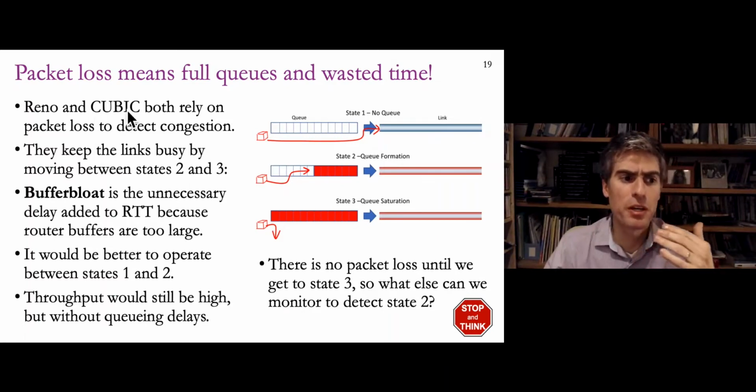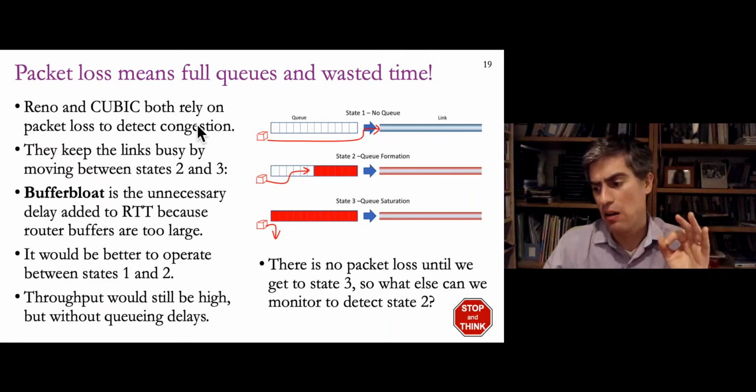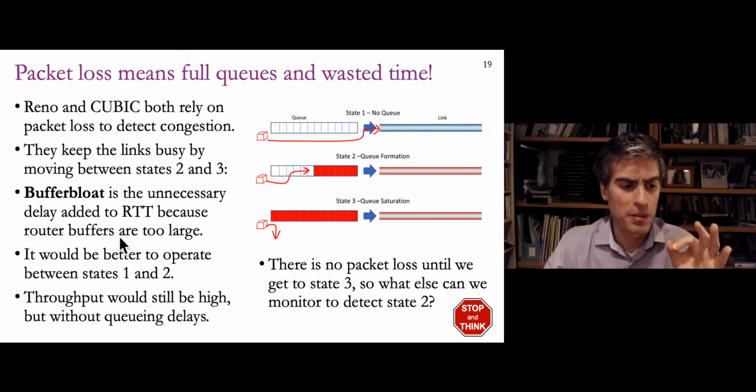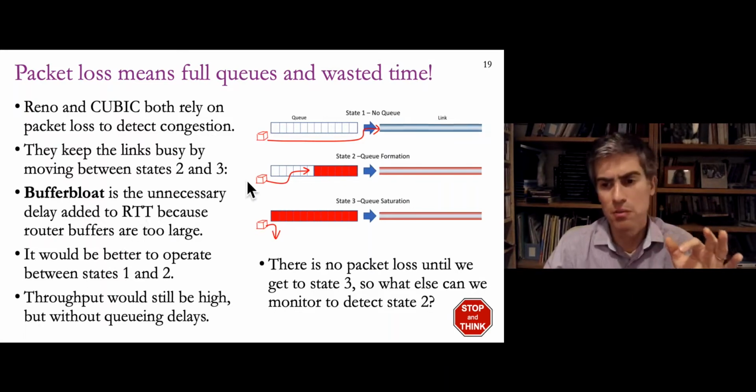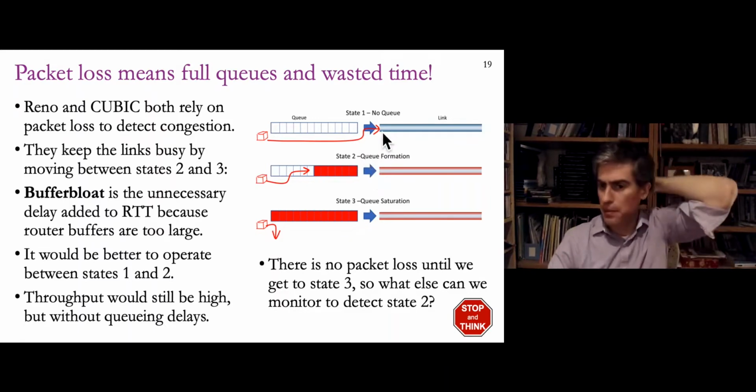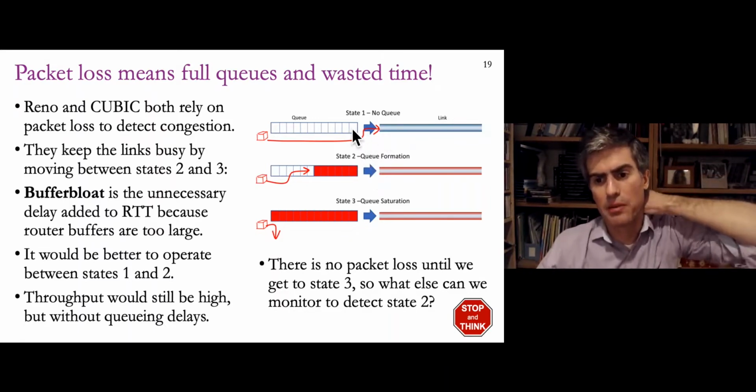Okay, so Reno and Cubic do a bad job of optimizing round trip time. They kind of create buffer bloat, instead of keeping queues minimal and keeping delays minimal.